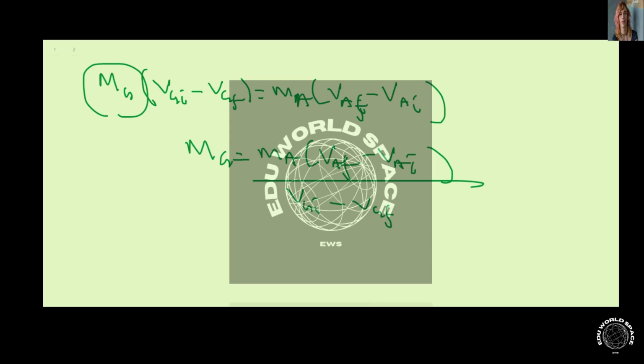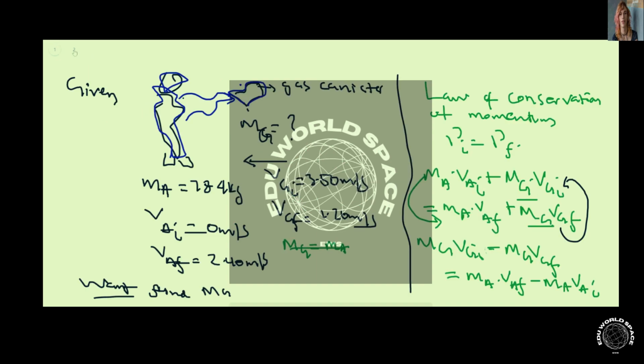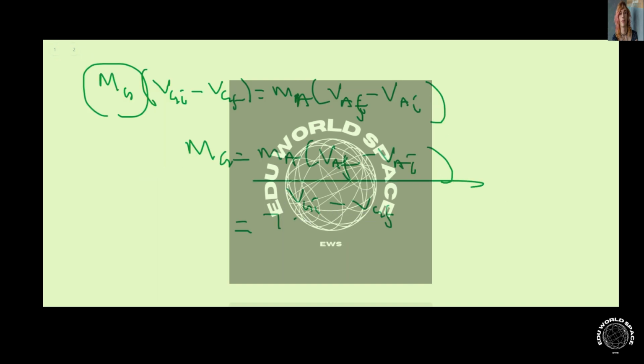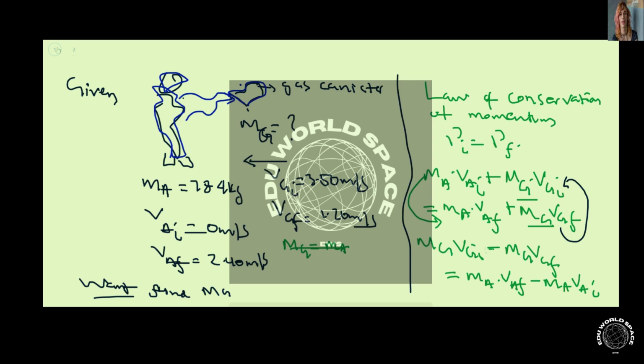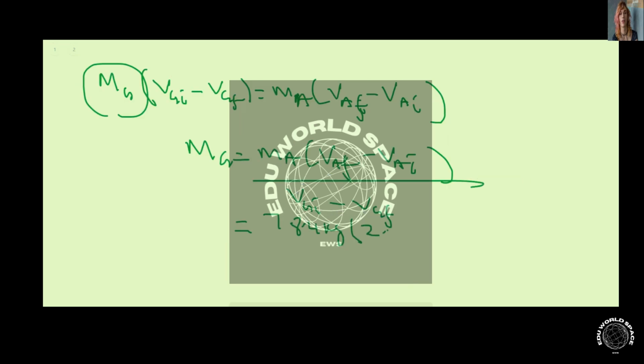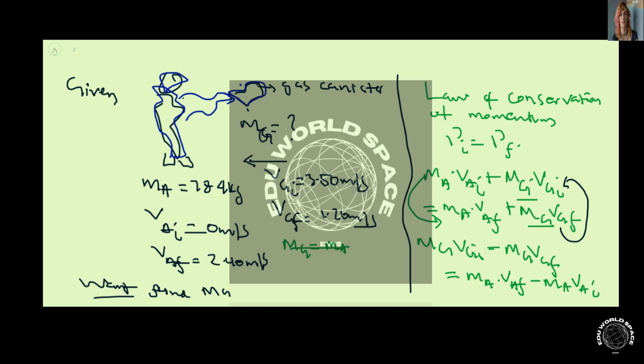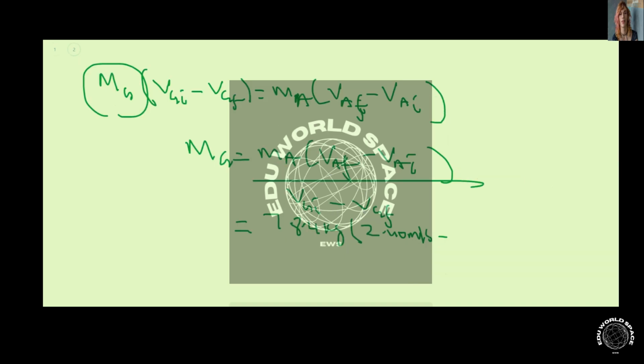So then we plug in the numbers. The mass of the astronaut is 78.4 kilograms, and the final velocity of the astronaut is 2.40 meters per second, minus the initial velocity of the astronaut, which is 0 meters per second.